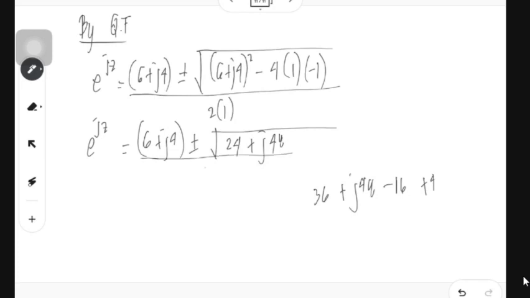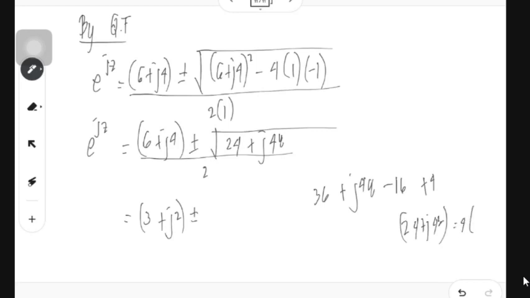Divided by 2. 6 is divisible by 2. So ito yung magiging 3 na lang. 4 is divisible by 2. What about this? Dapat makapag-factor out tayo ng 4. Take note that 24 plus j48, pwede mong i-factor out yung 4.